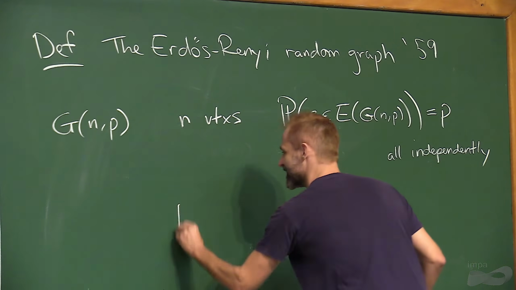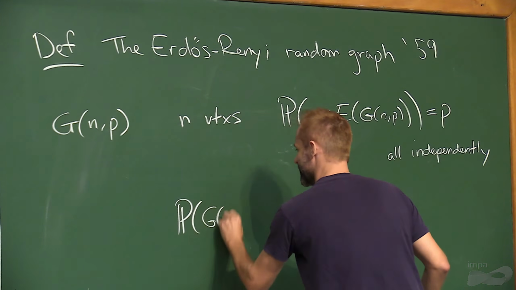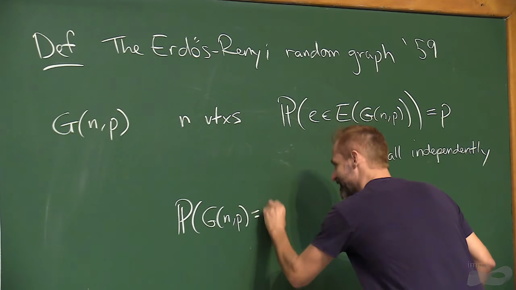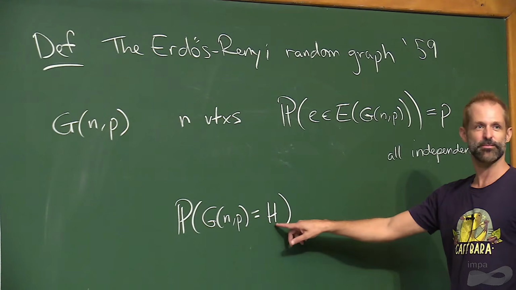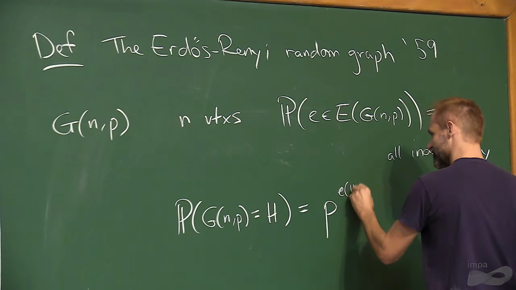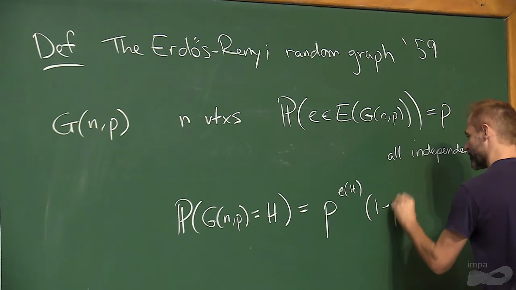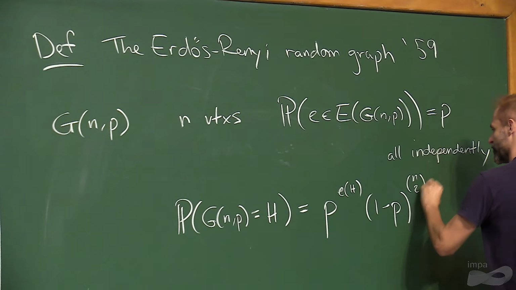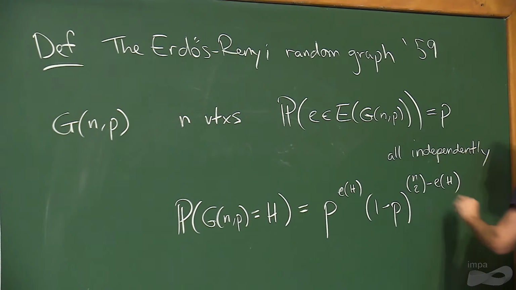So the probability that G(n,p) equals some particular labeled graph H is just p to the e(H) times (1 minus p) to the n choose 2 minus e(H). If we decide beforehand which are the edges and which are the non-edges, that's the probability that happens. That's all we're doing.